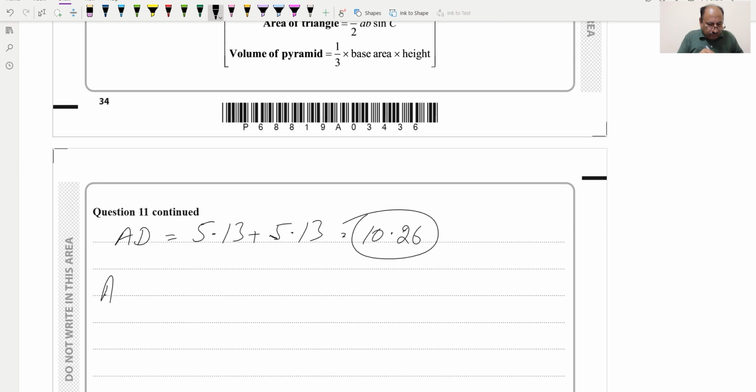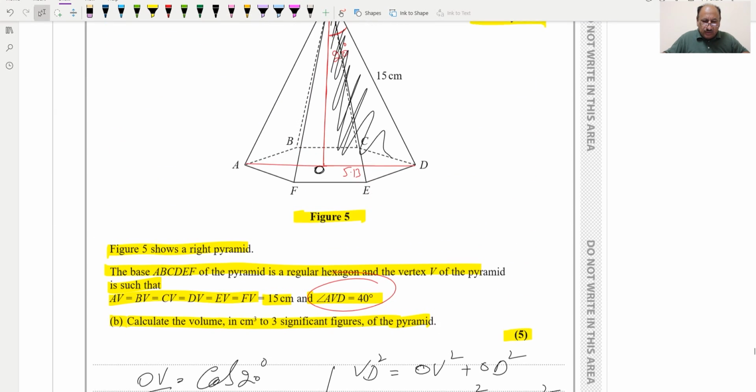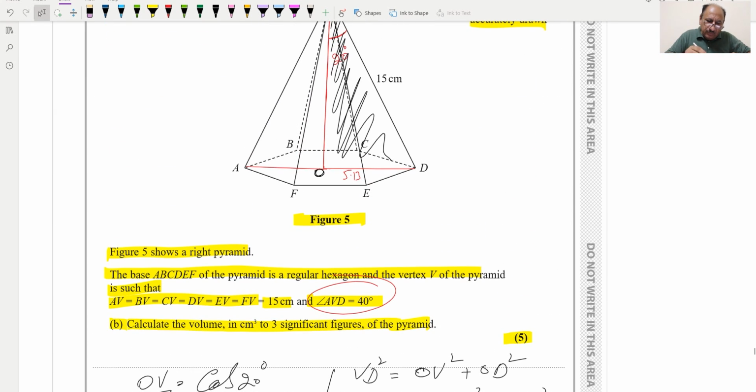Now area of base will be equal to what? This will be 6 times those triangles. There will be 6 triangles: one triangle will be this one, second triangle this one, third, fourth, 5 and 6.